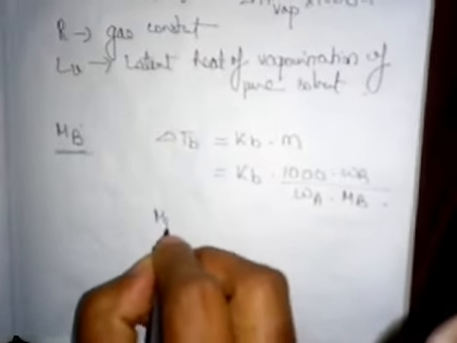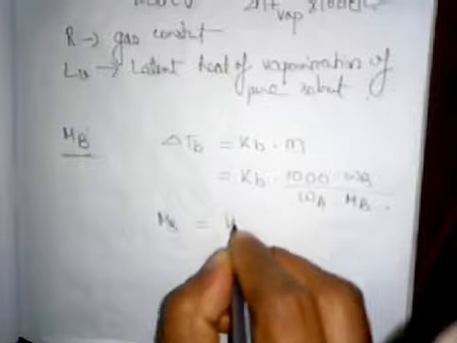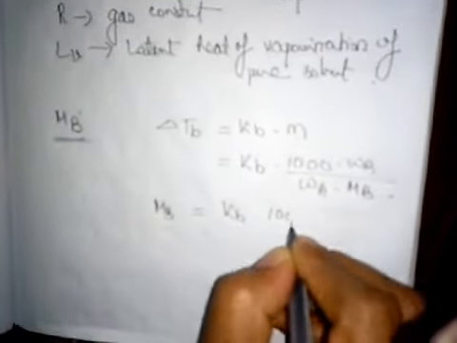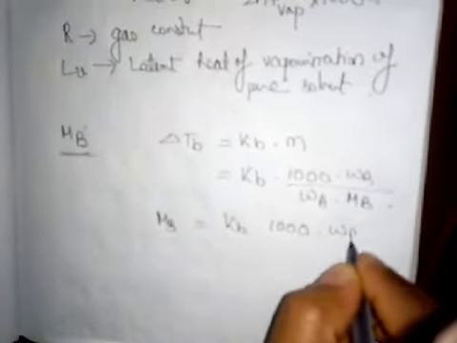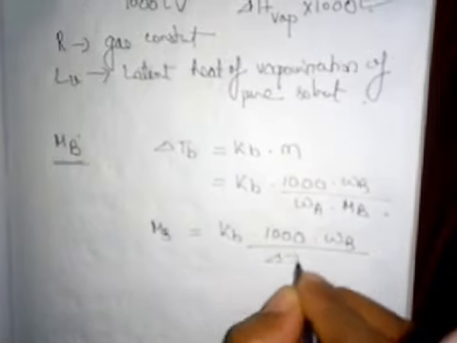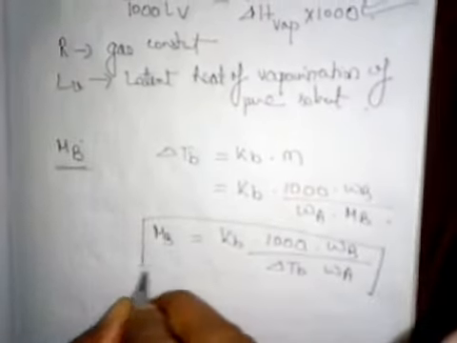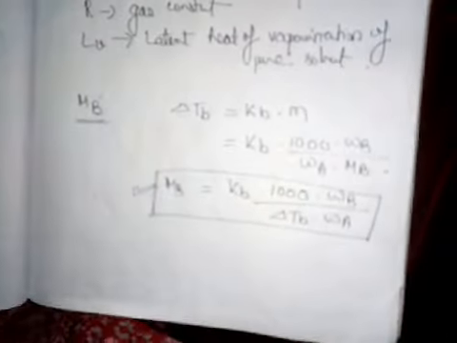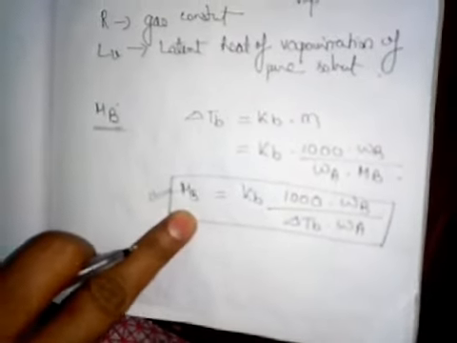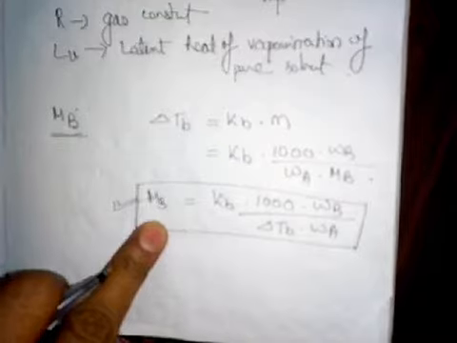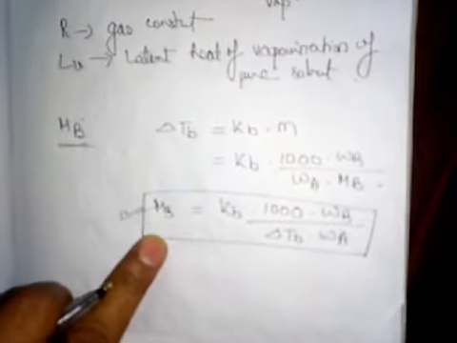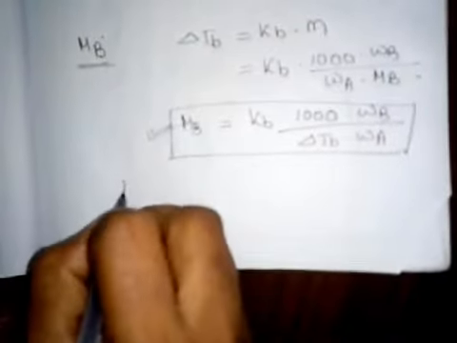Or Mb is equal to Kb into 1000 into Wb by delta Tb into Wa. This is also used for numerical purposes.